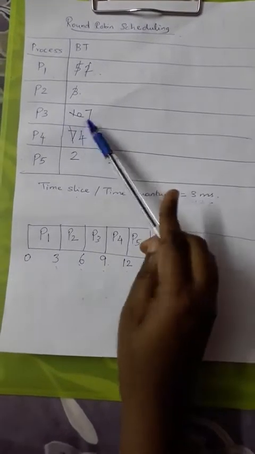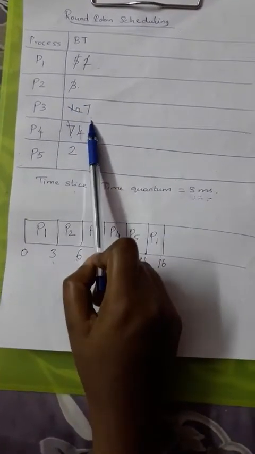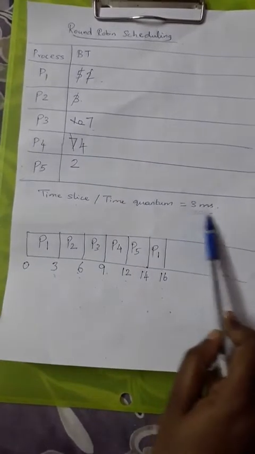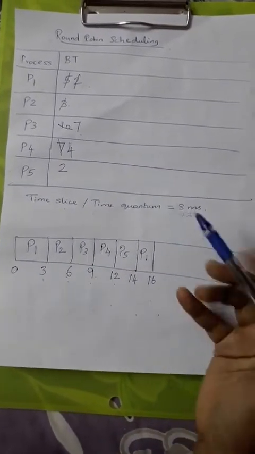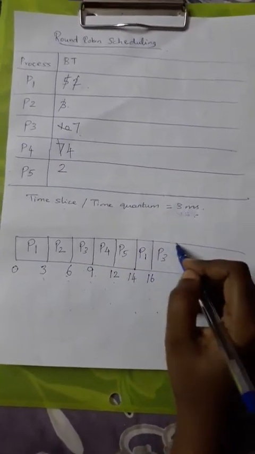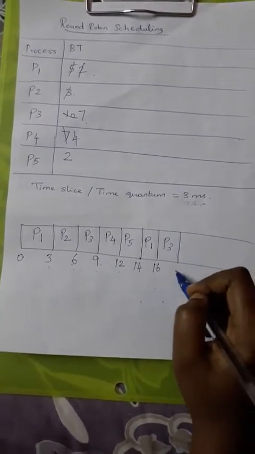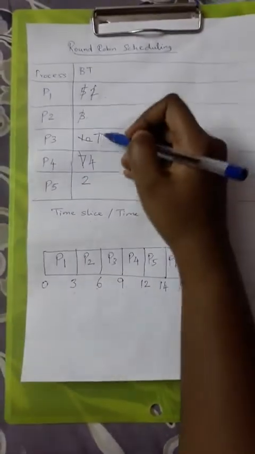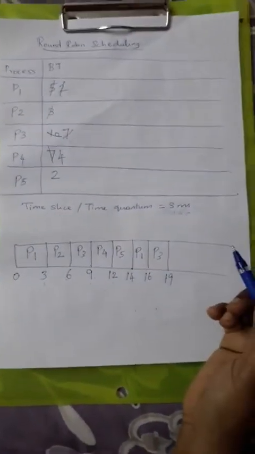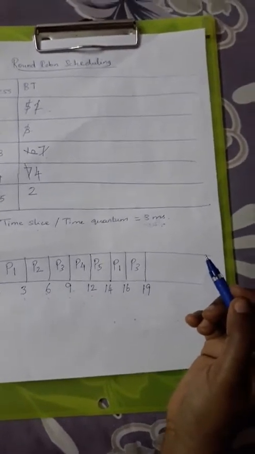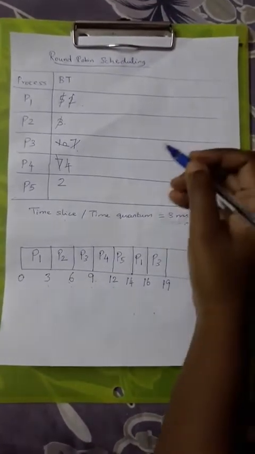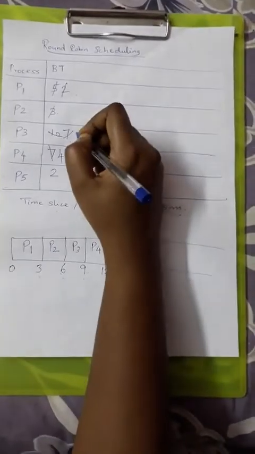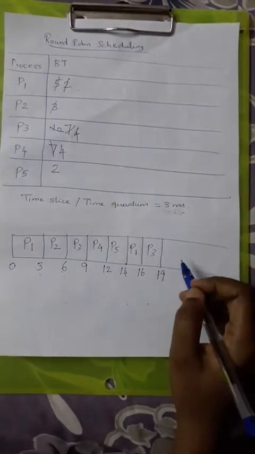Already we have completed the execution of P2. Next we will see P3. Since the time slice is 3, this P3 will be executed for 3 millisecond only. That is 16 plus 3, up to the 19th millisecond. So the remaining is 4 millisecond.